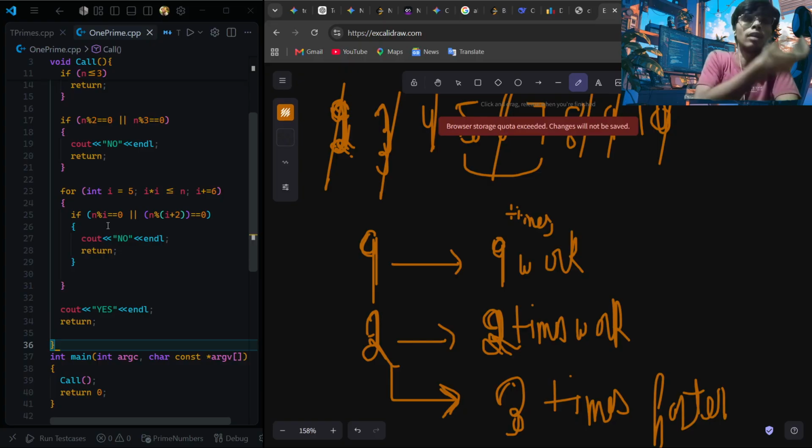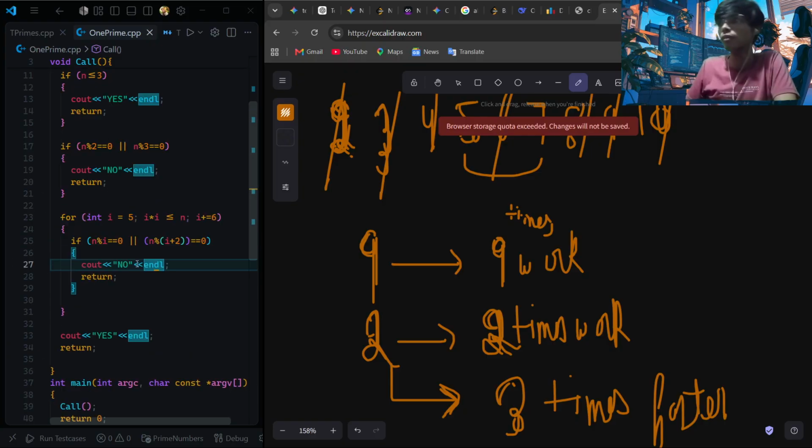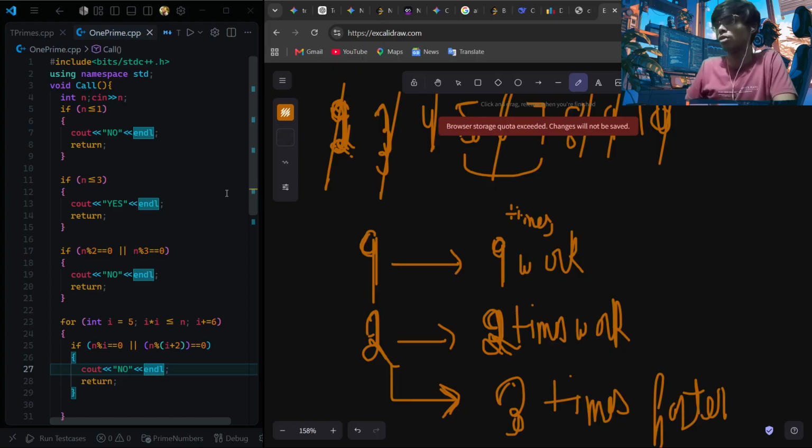I have to check whether that number is prime or not. If the number is not divisible by i and i plus 2 after iterating over the whole loop, it means that this is prime, and otherwise it is a composite number. So this is the optimization code.